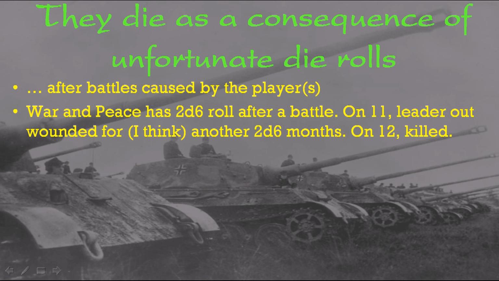Another possibility is they die as a consequence of unfortunate die rolls after battles. War and Peace has a 2d6 roll after battle. On 11, a leader is out-wounded for quite a while, and on a 12, the leader is killed.